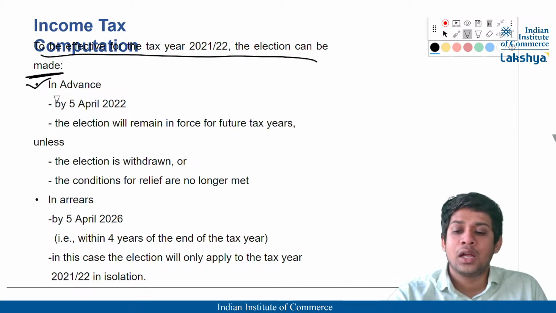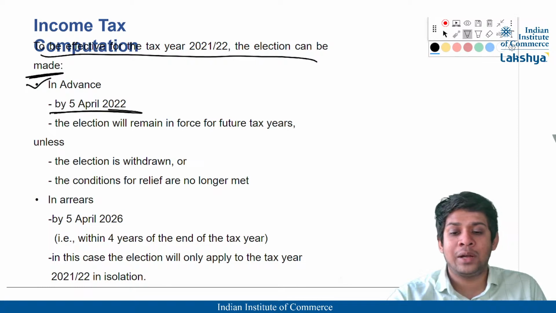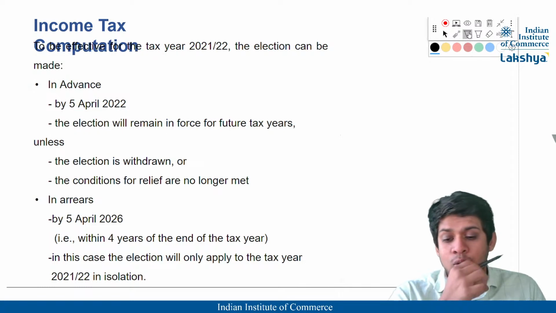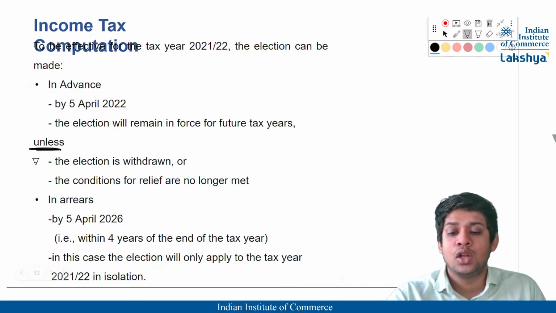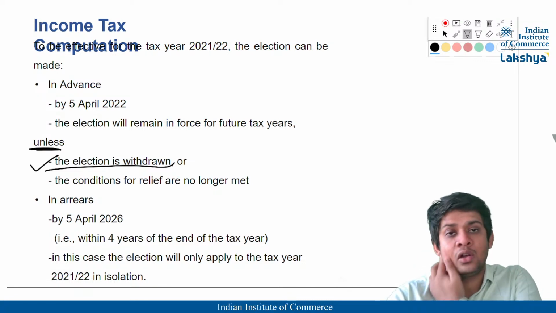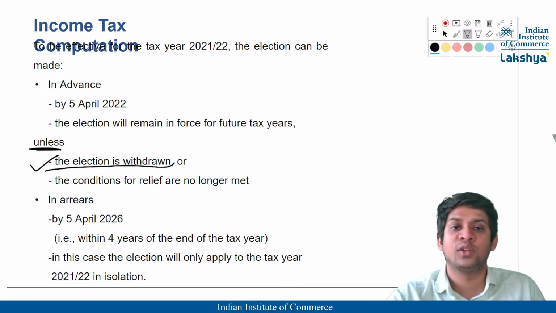So in advance, by 5th April 2022, they should do it, and the election will remain in force for the future tax years. It will be in force forever until you change it, unless you want the election to be withdrawn. Maybe you're starting your own business or earning your own income, because of which you want to use your personal allowance for yourself.